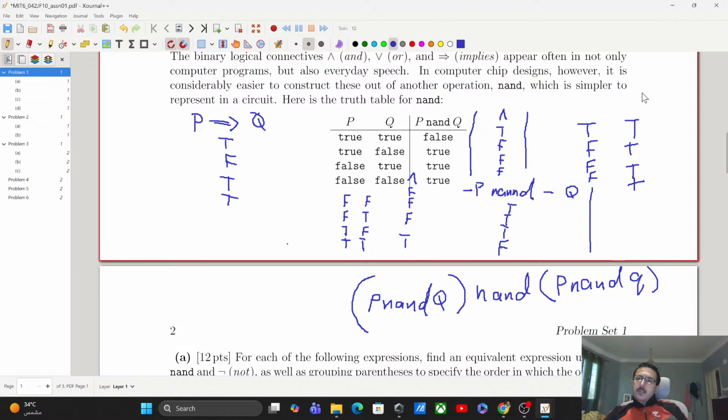The T is gonna be false, false, true, true.